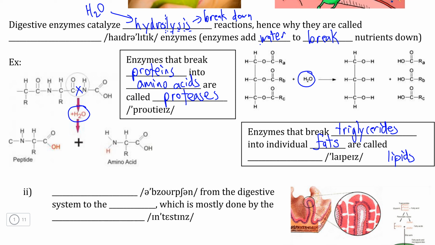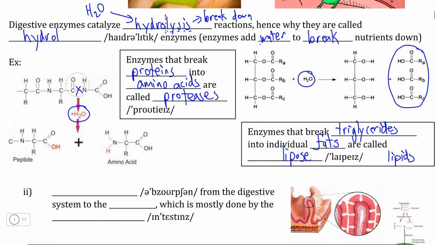Here we see a hydrolysis reaction being catalyzed where a triglyceride molecule has water added to it and is broken down to make individual fat molecules. The name of this enzyme would be lipase. Over the course of the digestive system, we're going to learn about many different digestive enzymes. These are just two specific examples. Because they catalyze hydrolysis reactions, they are what we collectively call hydrolytic enzymes.